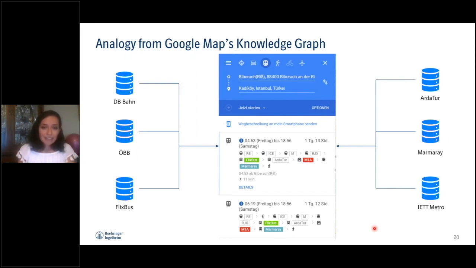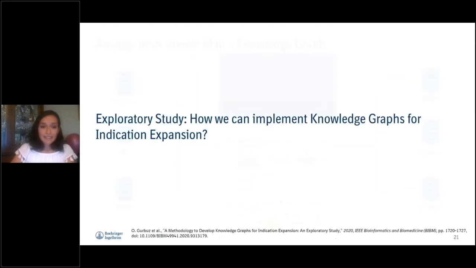And Google Maps extracted this path between Bibera and Istanbul by using 6 different data sources, extracted the timelines from transportation web sources, and integrated and linked all these timelines to each other to present me a shortest path between my start and endpoint. With this analogy, we said, okay, let's conduct an exploratory study to see how we can implement knowledge graphs for indication expansion.